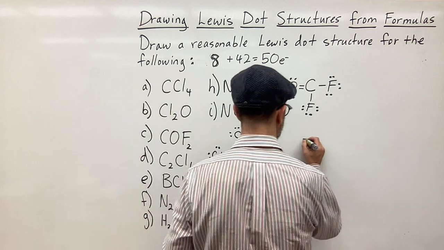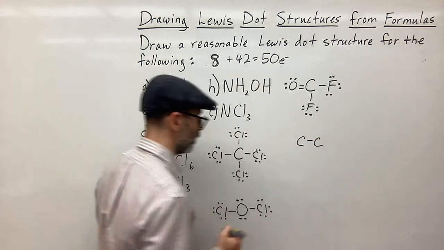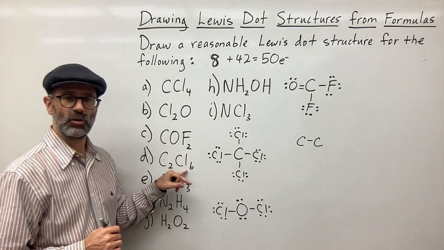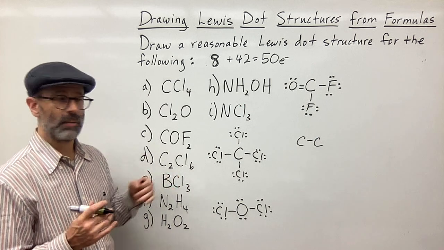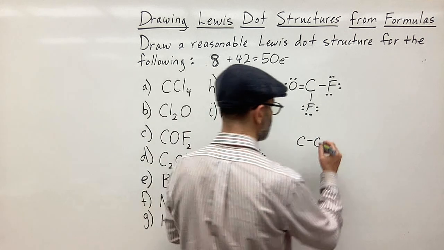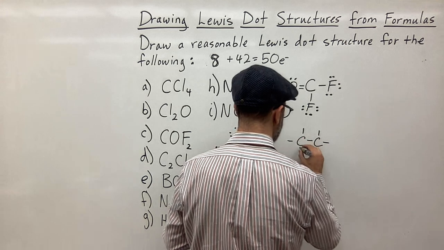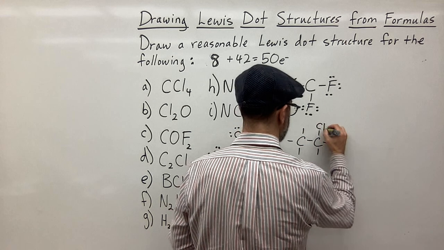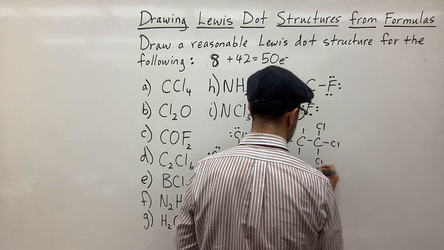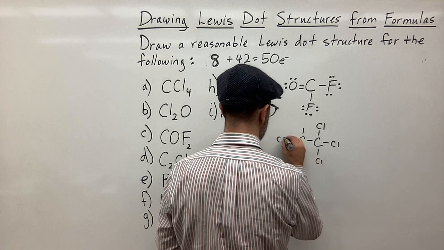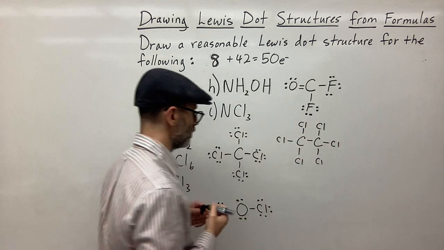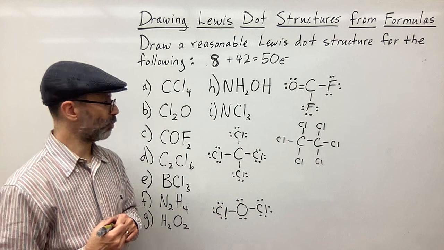So we're going to have carbon bonded to carbon. And then we have these 6 chlorines. We're going to divide them up on each of the carbons. We like symmetry. Symmetry is the name of the game. Here we have no choice because we have 6 chlorines and we got to put them somewhere. And so it just ends up being 3 on each carbon.